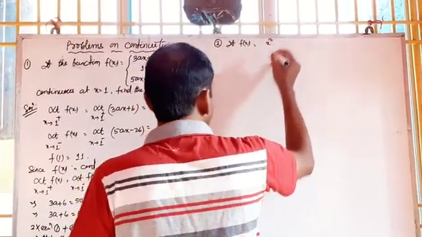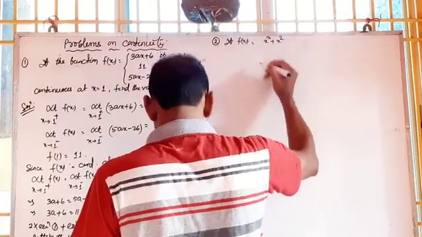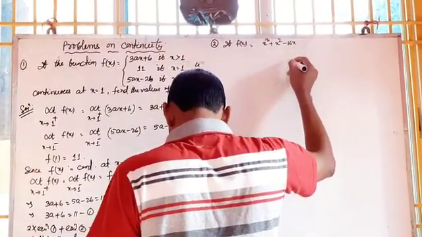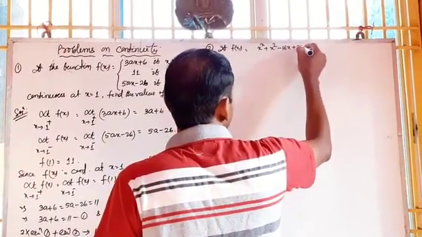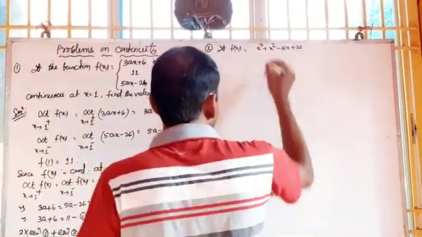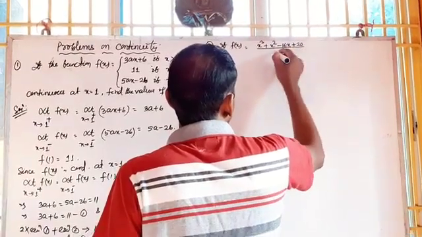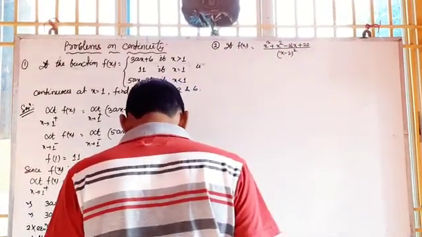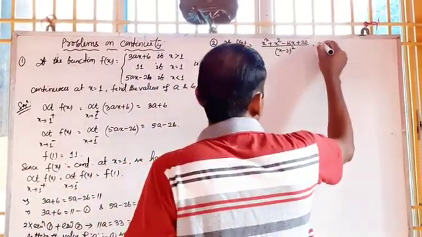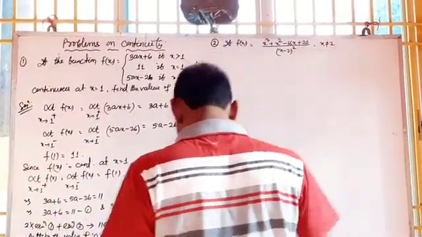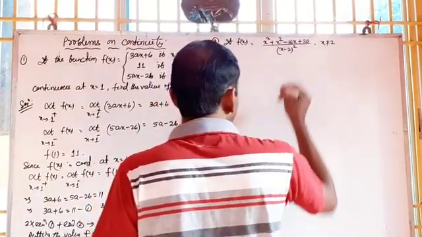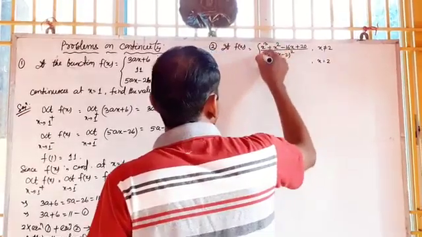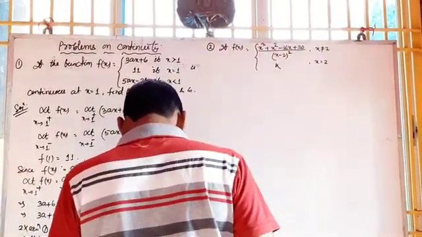Next question: f of x equal to x cube plus x square minus 16x plus 20, whole divided by x minus 2 whole square, when x is not equal to 2, and it is k when x equal to 2.